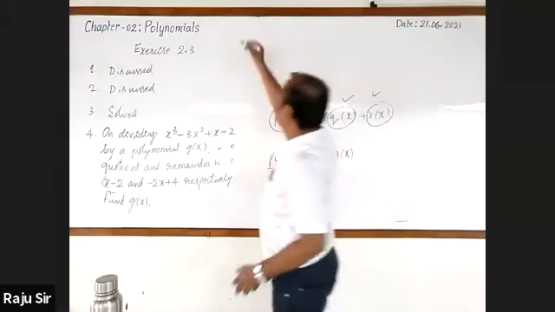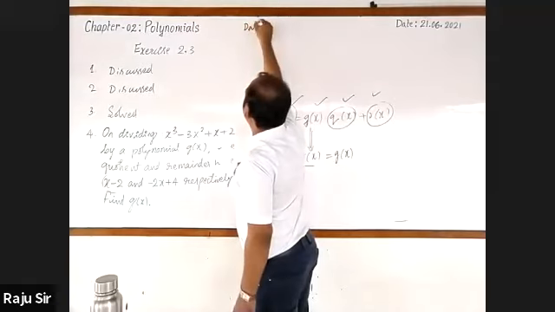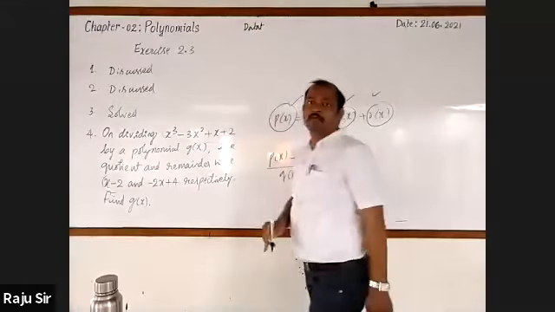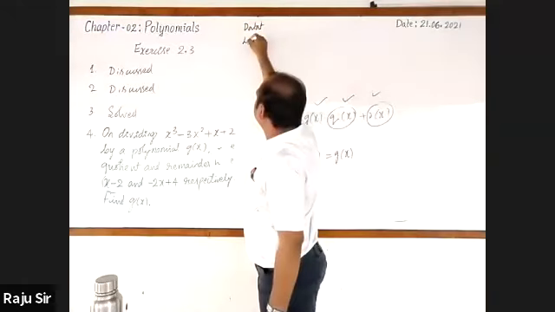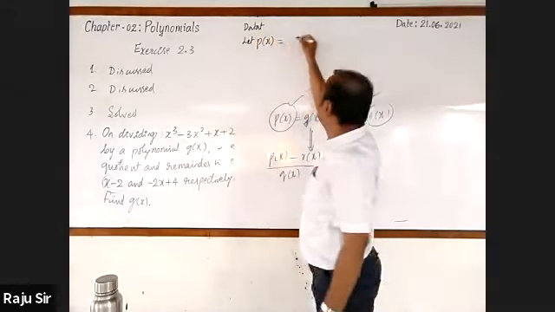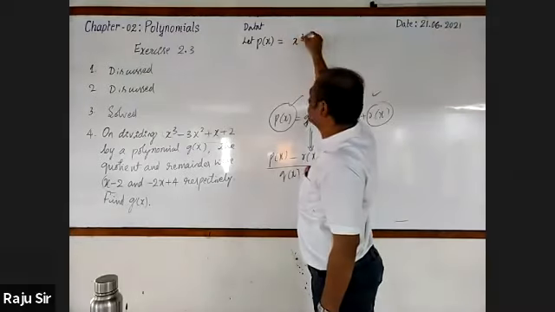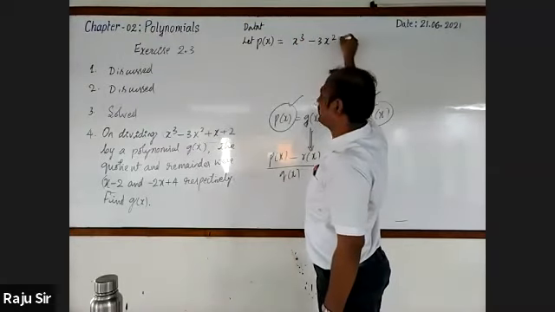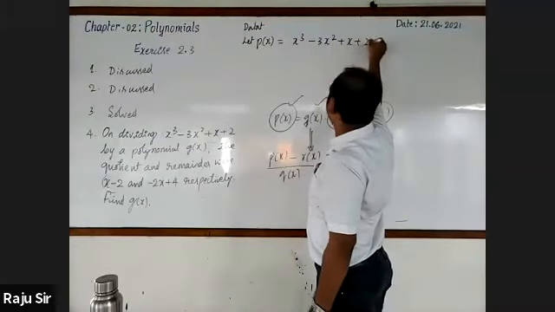Okay. Now you may write the data. Let p of x be the given polynomial, x cube minus 3x square plus x plus 2.